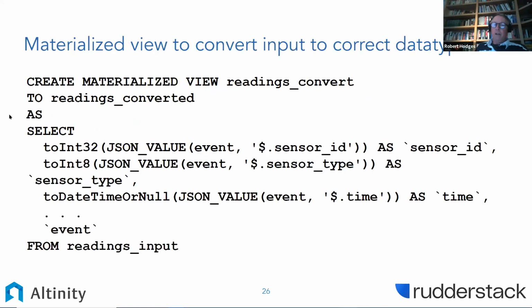And the materialized view shows you it's just a SQL query. So basically, it runs a select. And what it's doing is picking out these values from the event and converting them to the right data type. We could, for example, also handle things like date time. There's a bunch of different conversions, handle dates, including dirty dates that can't be converted, and so forth.